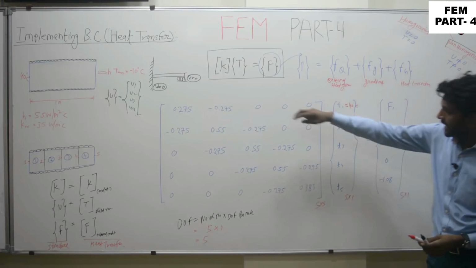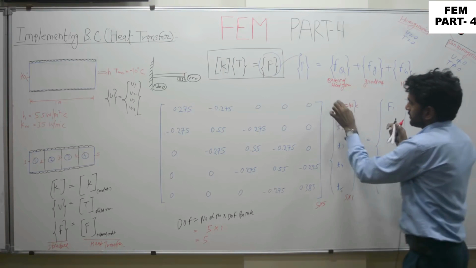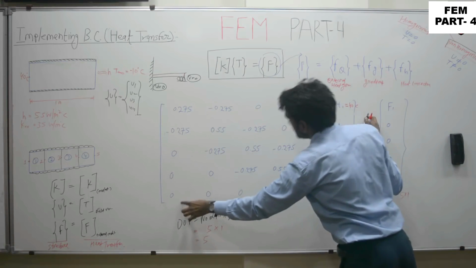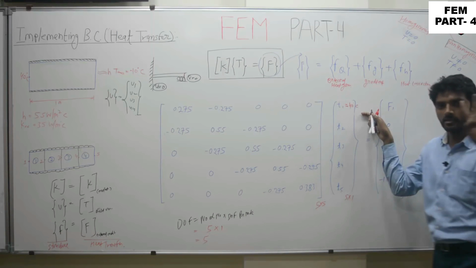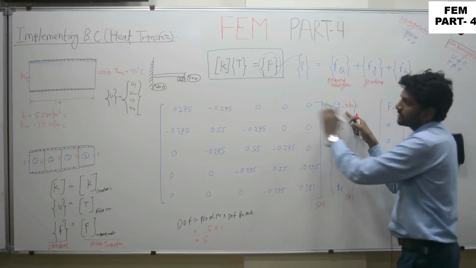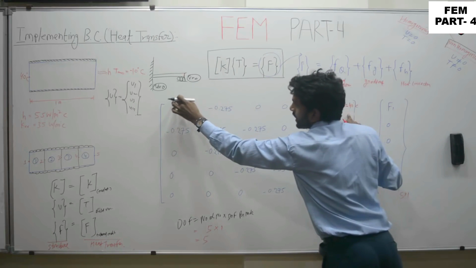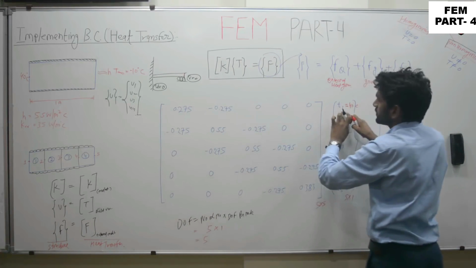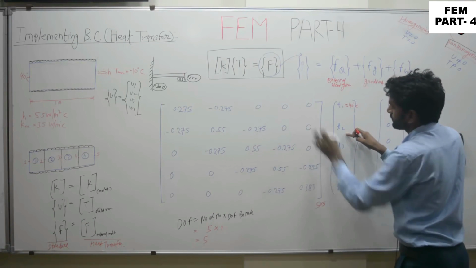Okay. Now the question arises, if we are going to remove the contribution of T1, the corresponding row and column, how do we distribute the contribution to the other elements? The basic fundamental clue is that if T1 is given, you have the conductance matrix and this is your field variable. Every time you multiply the first element with first, second element with second, third, fourth and fifth.